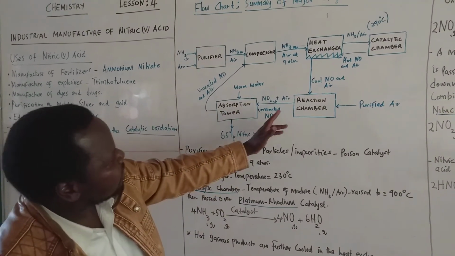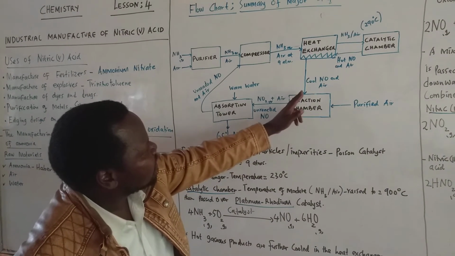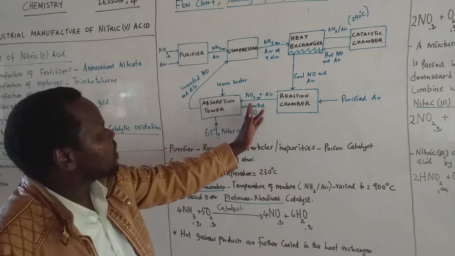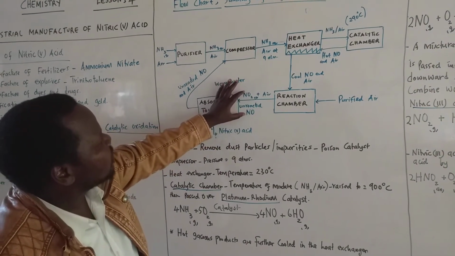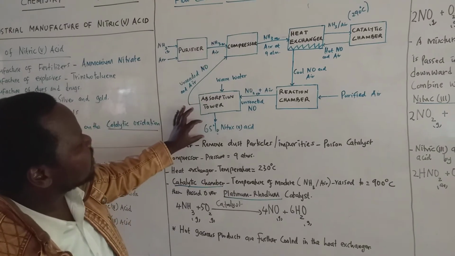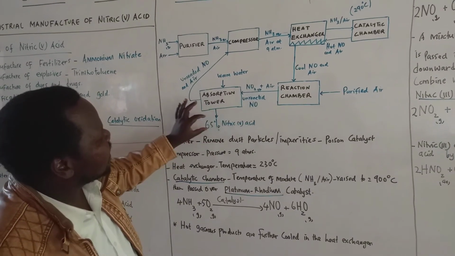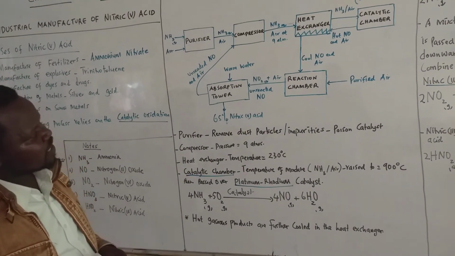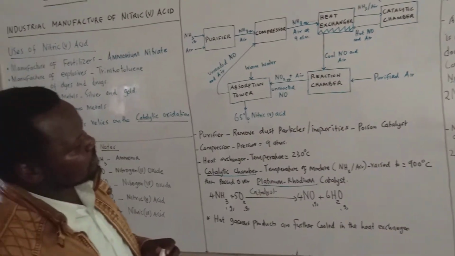Then thereafter, from the reaction chamber, nitrogen 2 oxide combines with oxygen in air to form nitrogen 4 oxide, and then the nitrogen 4 oxide at the absorption tower combines with warm water to form nitric 3 acid and nitric 5 acid. The nitric 3 acid is oxidized by excess air to form nitric 5 acid.